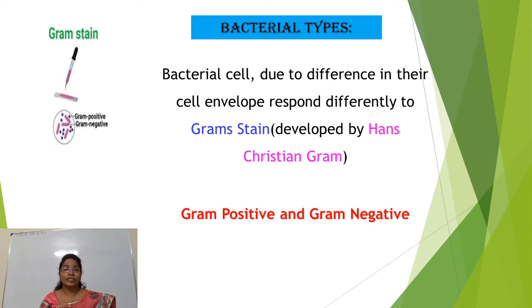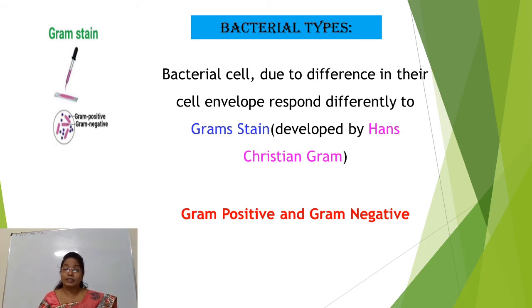It is a differential staining procedure which differentiates bacteria into 2 groups, gram positive and gram negative. This differentiation totally depends on the cell wall composition of bacteria.